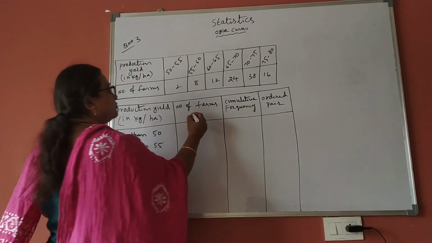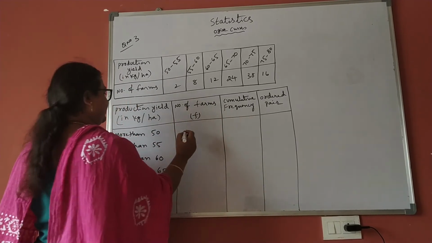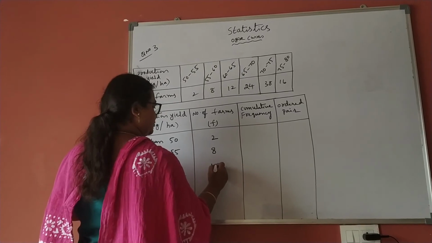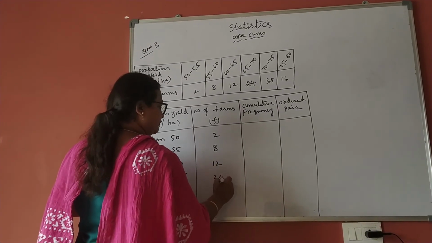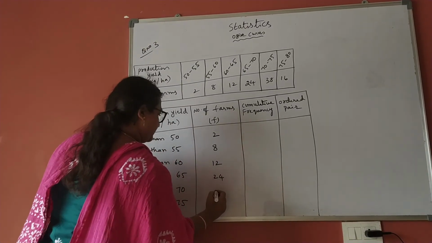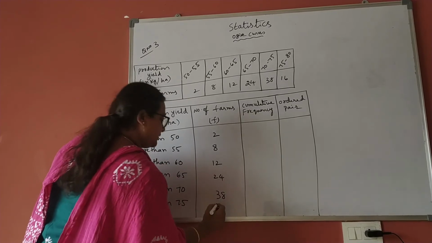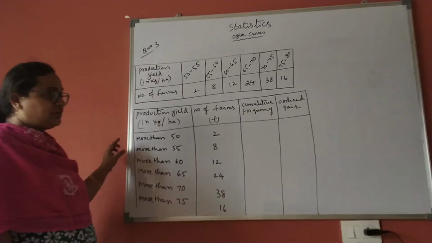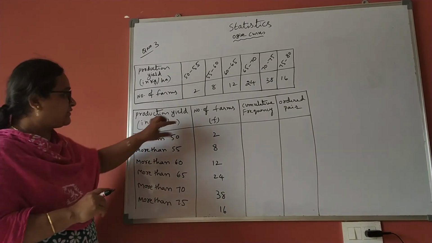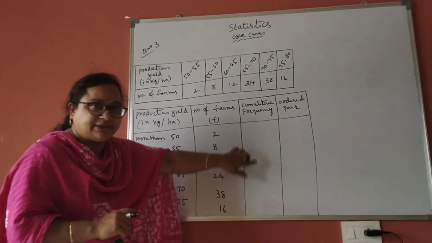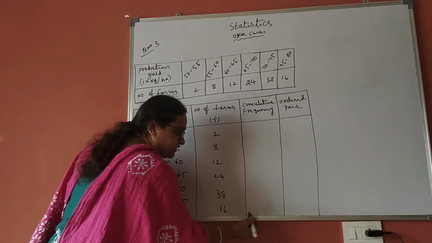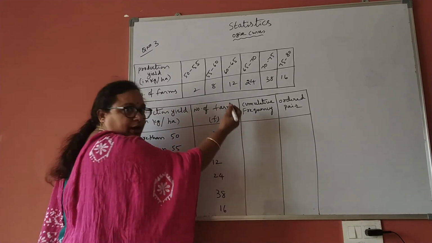Then number of farms means this is the frequency given: 2, 8, 12, 24, 38, 16. In a less than ogive, you get cumulative frequency by adding these. This is a more than ogive, so cumulative frequency means we will add from down to up.